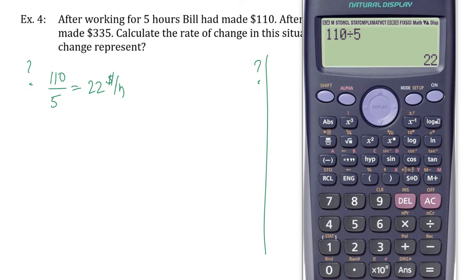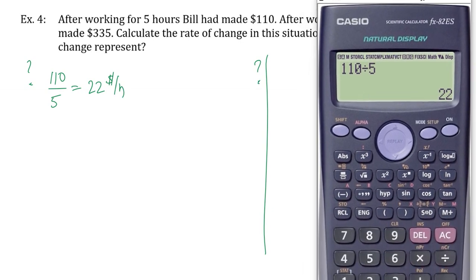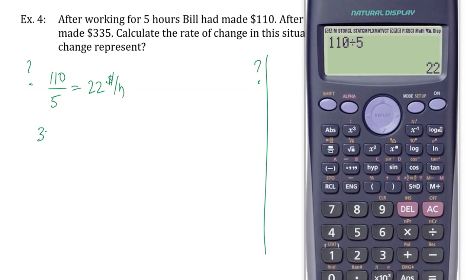Then it says he made 335 in 20 hours. 335 divided by 20. 1675. What's happening here? Why are they different?